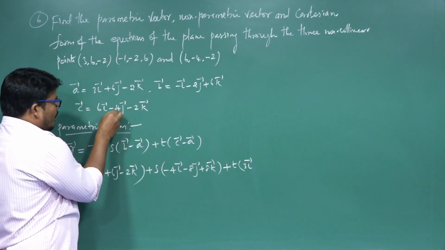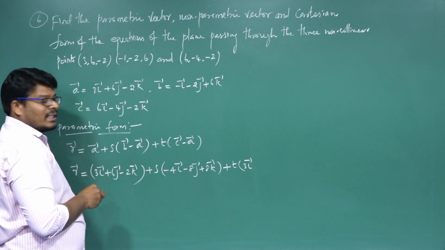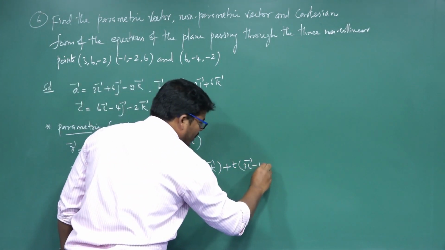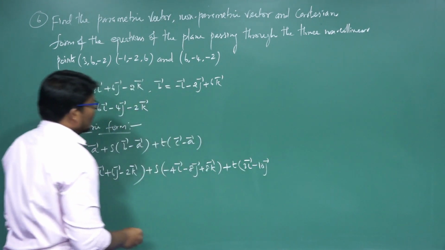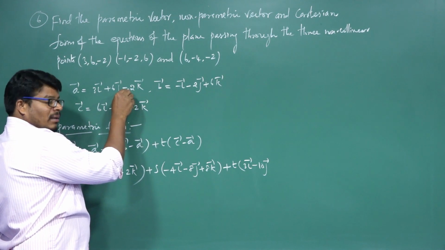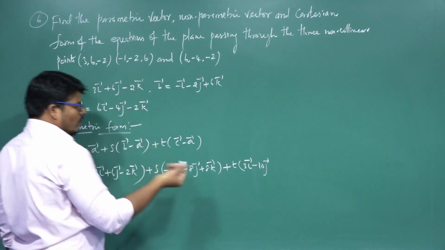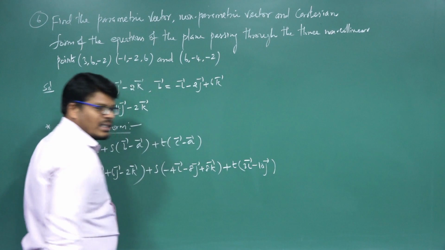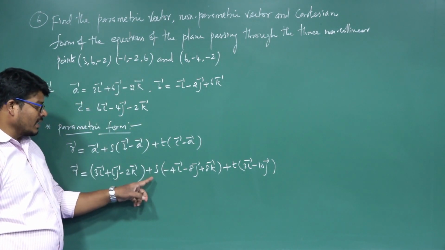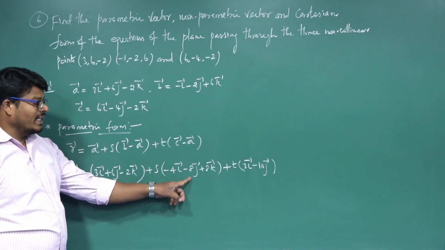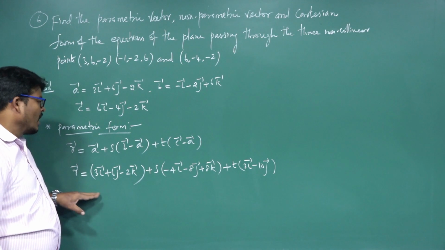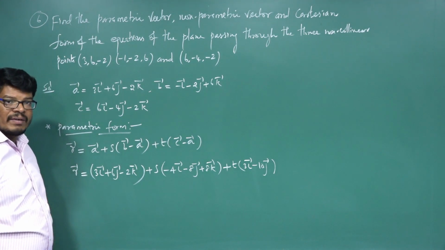Next, minus 4 minus 6 is minus 10 j vector. Next, minus 2 plus 2 is 0. That is, r vector equal to 3i plus 6j minus 2k plus s of minus 4i minus 8j plus 8k vector plus t of 3i minus 10j is the parametric form of the vector equation.